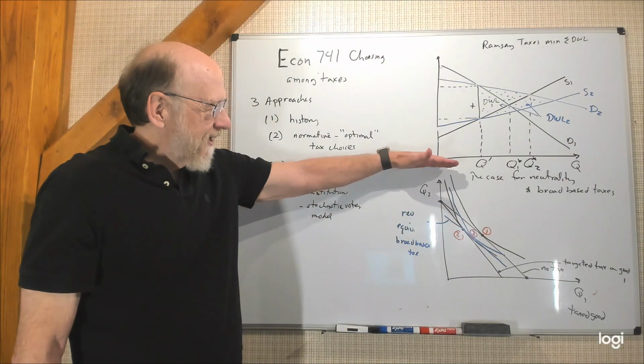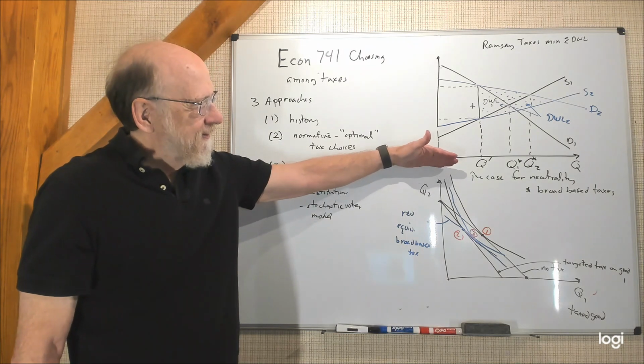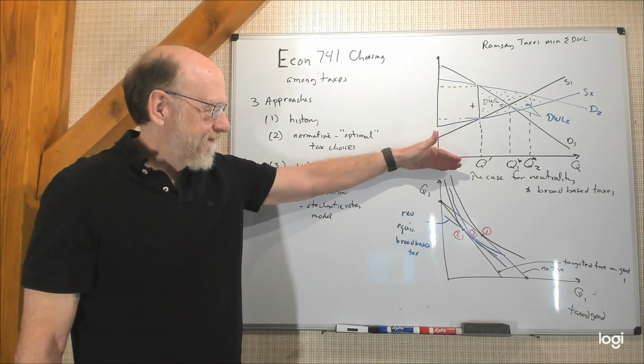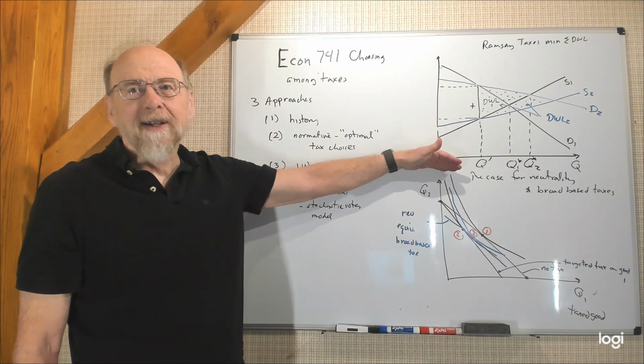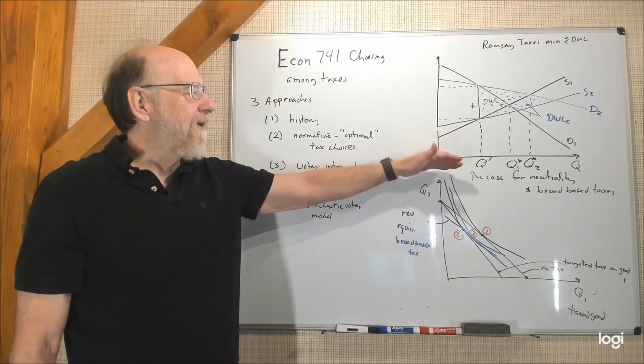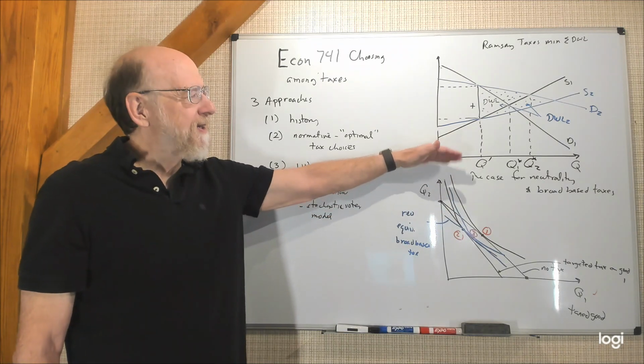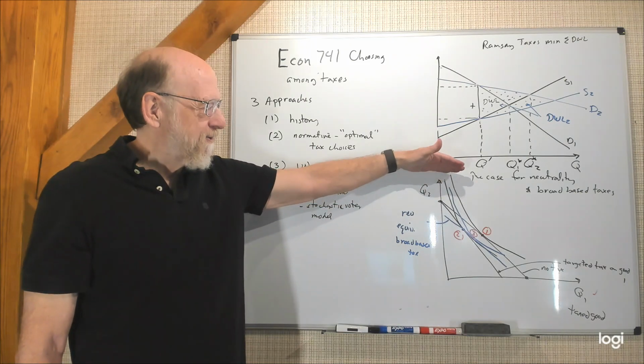Okay, the next type of normative tax theory we're going to look at is one that's constructed in a relatively more normal way, a relatively narrower way, more of a partial equilibrium analysis than the Ramsay effort tries to be.